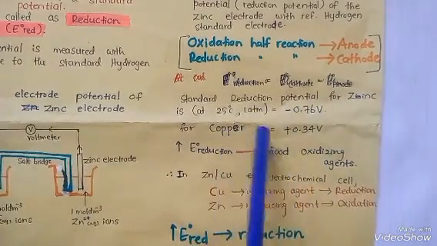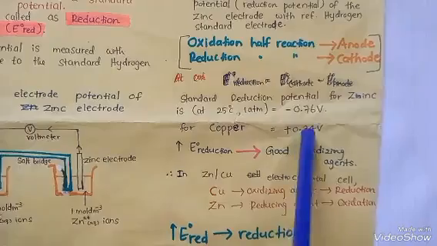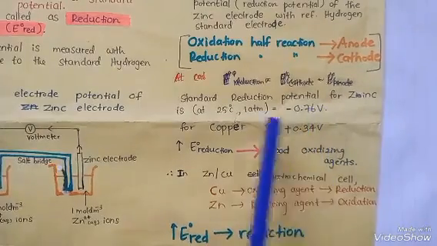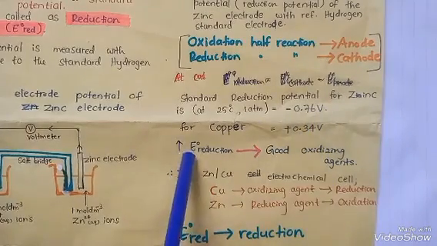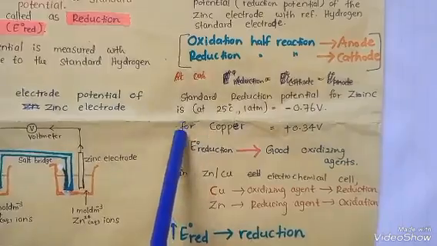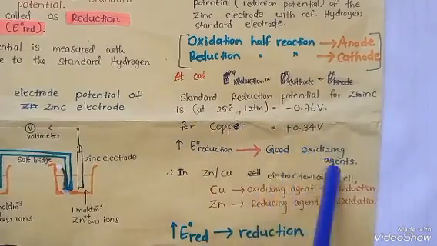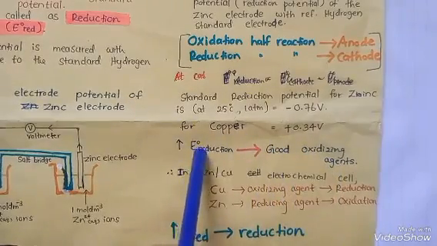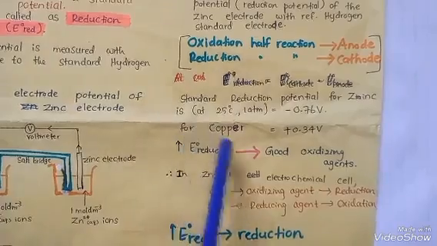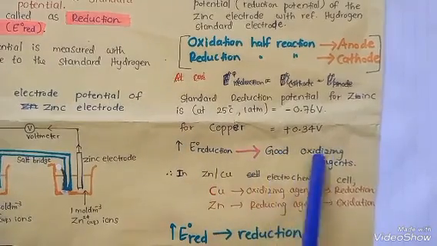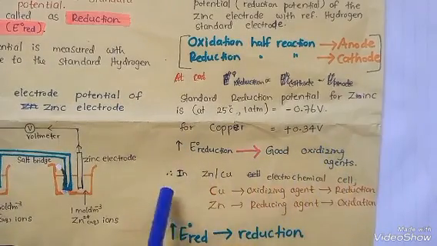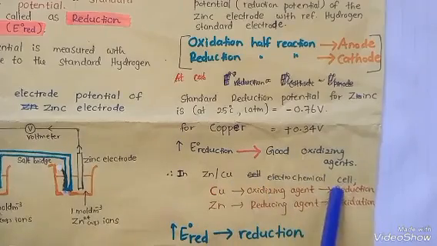For copper, it is plus 0.34 volt. As the reduction potential increases, it is a better oxidizing agent.